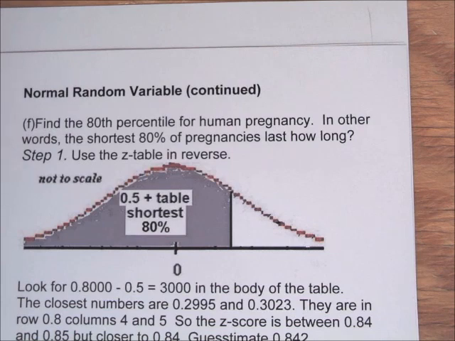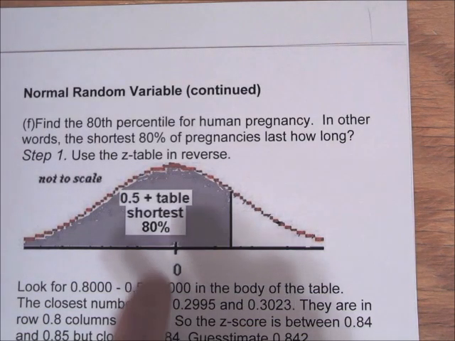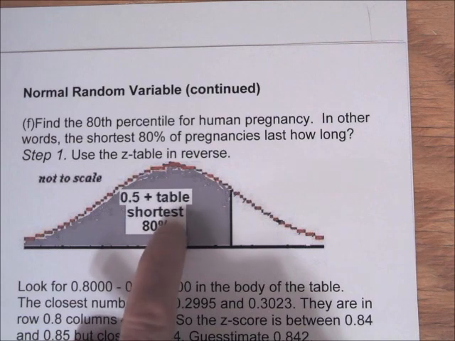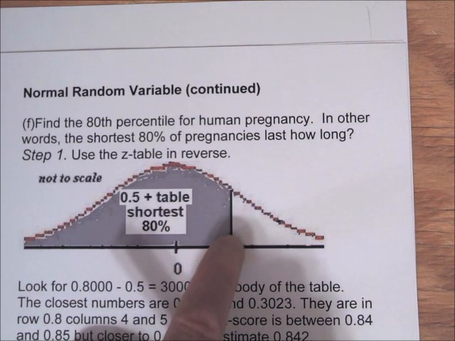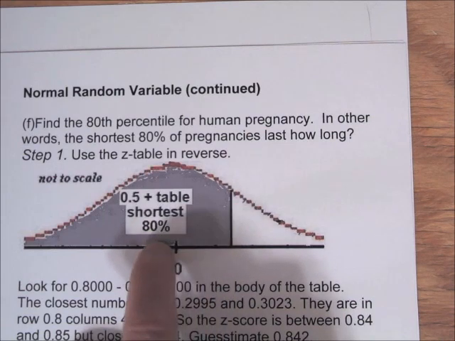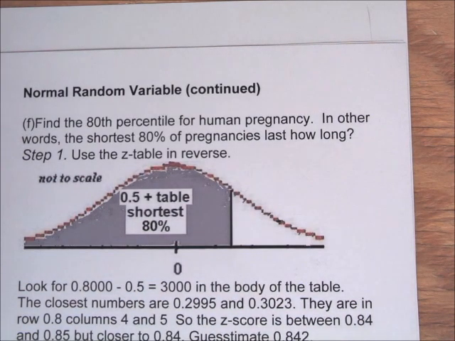So the 80th percentile would be the length of pregnancy that's more than 80% of the pregnancies. We're looking for the shortest 80% of pregnancies, because that's what the 80th percentile is more than.